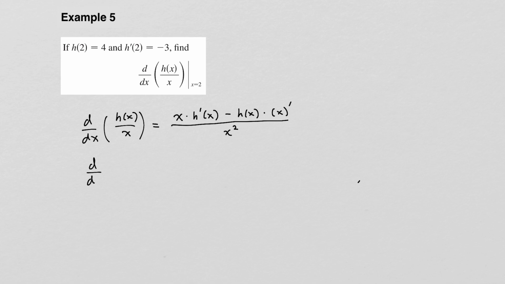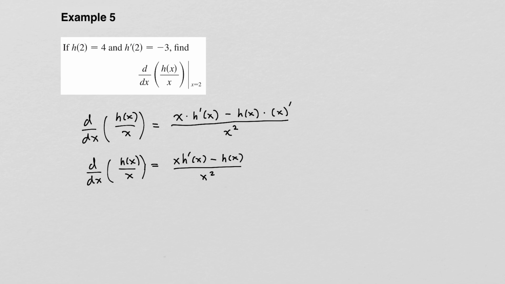And so the derivative with respect to x of h of x over x, if I just simplify a little bit, I'm going to clean this up by saying this is equal to x h prime of x minus h of x times the derivative of x, which we know is 1, and then divided by x squared. So this is the derivative of that function.